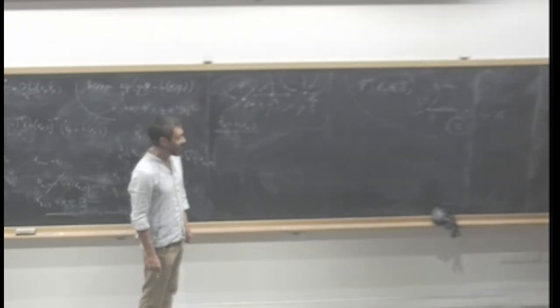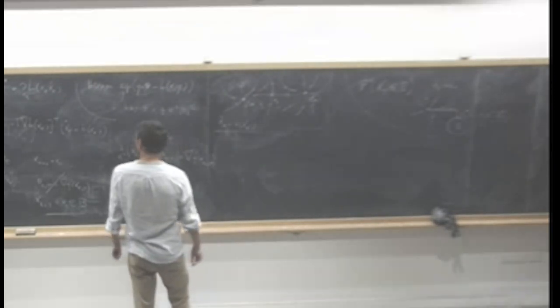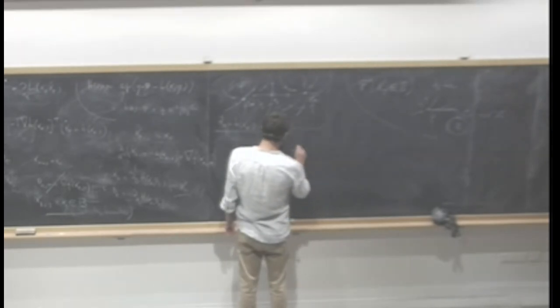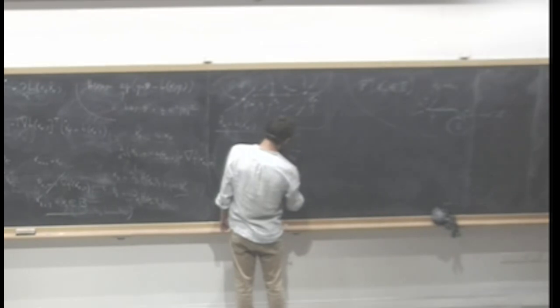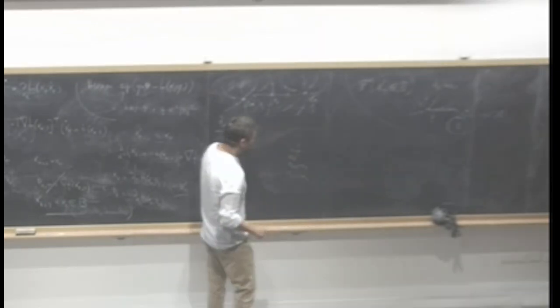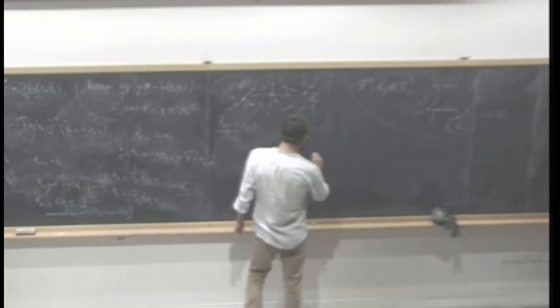Then what is the problem that we are solving here? Suppose I look at all xt which are such that at t equals 0 it's at x minus, and at t equal t it is at x plus.